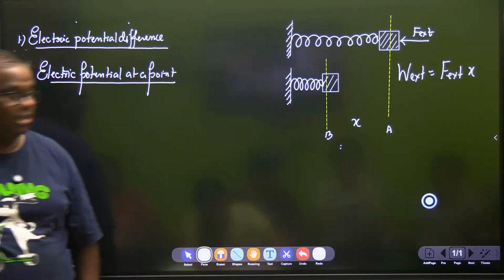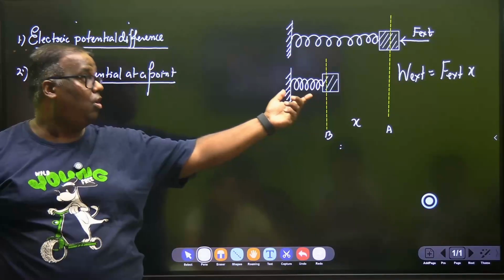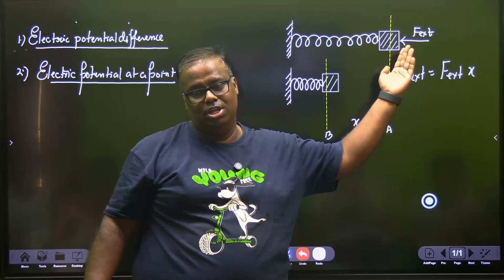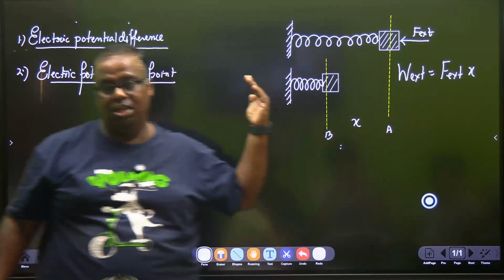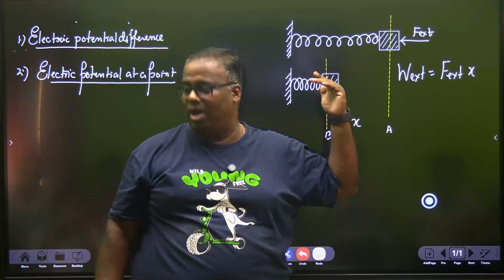Do you agree? Now how are you seeing this external work? You are seeing it from the perspective of the external force. Which side is the force? This side. Which side is the displacement? This side. What is work? Fs cos theta, cos 0, which is equal to 1.